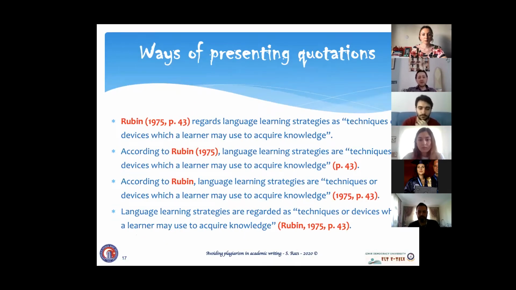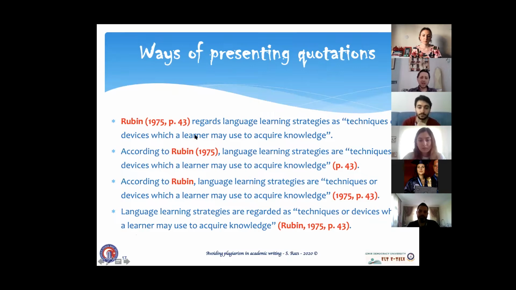However, there are some other ways of presenting quotations. For example, you see 4 examples here. What is the difference? The difference is related to whether we are introducing our quotations in an integral way or non-integral way.